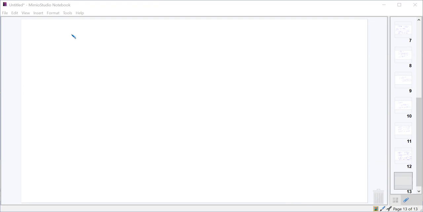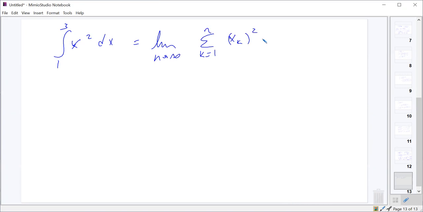So let's say we were looking at the integral of, I don't know, just something simple like x squared dx from 1 to 3. The important thing to remember here is that this should always become the limit as n approaches infinity of the sum from k equals 1 to n of f of x sub k, so this is x sub k squared times delta x. It's always f of x sub k times delta x.